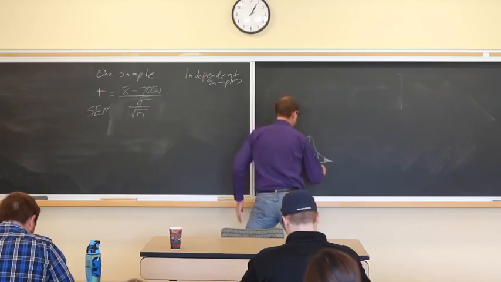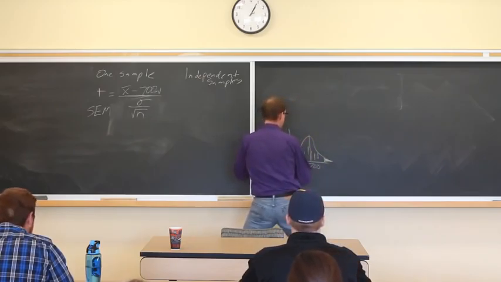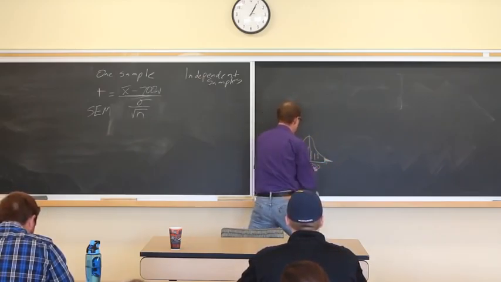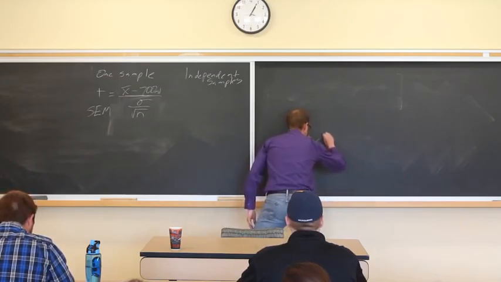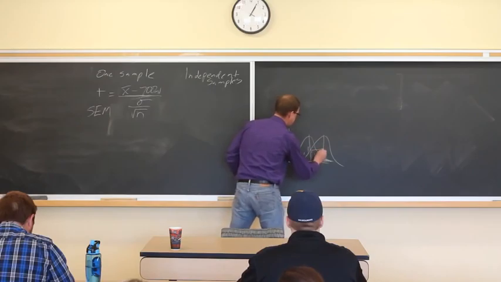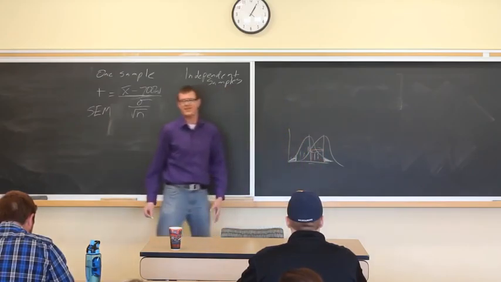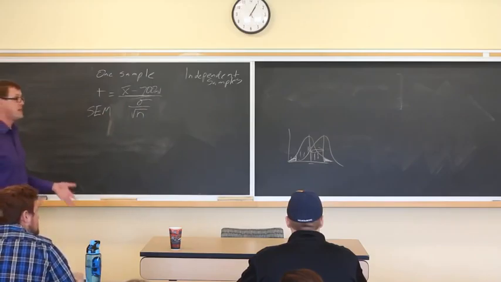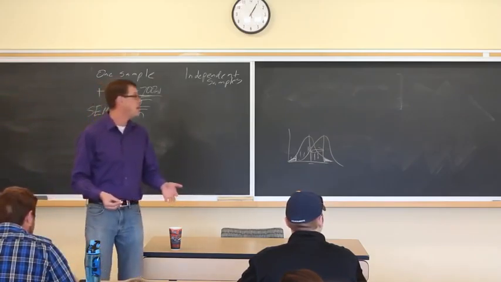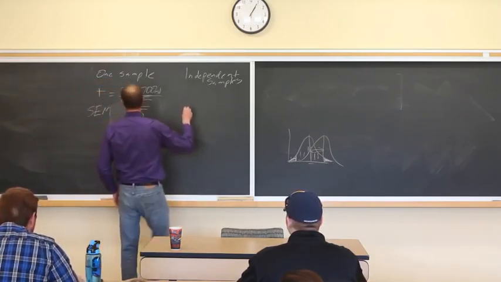So in that situation, we have two means, one mean and maybe some other mean, and we're interested in whether these two means really represent the same type of thing.